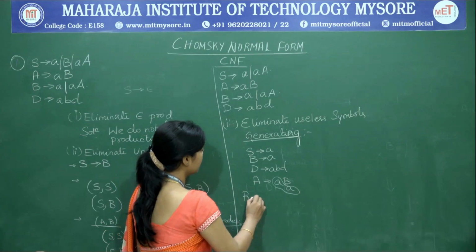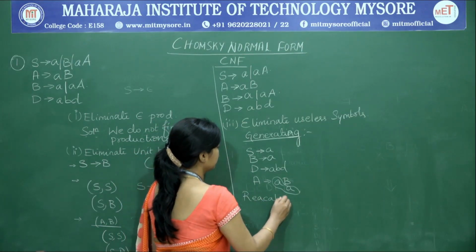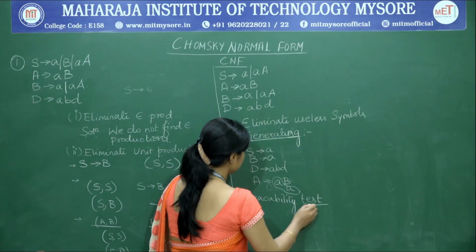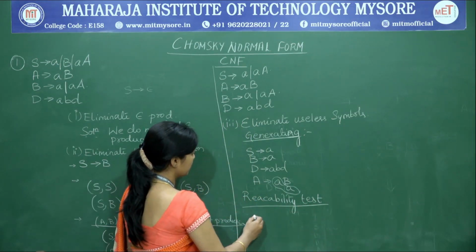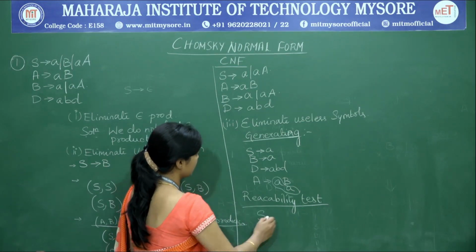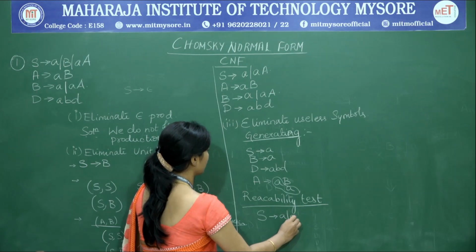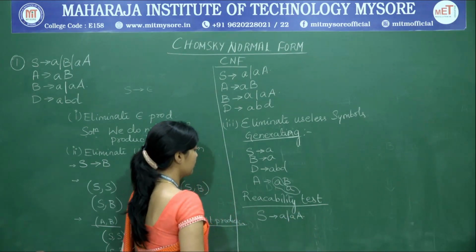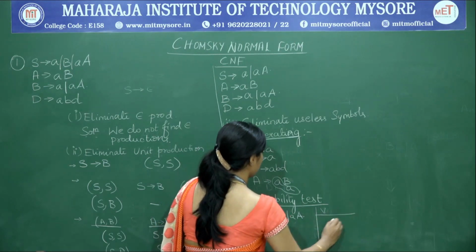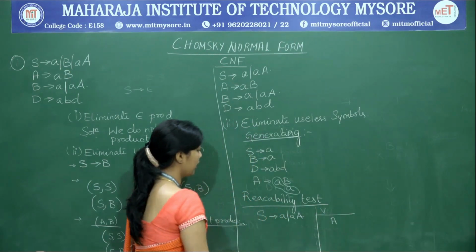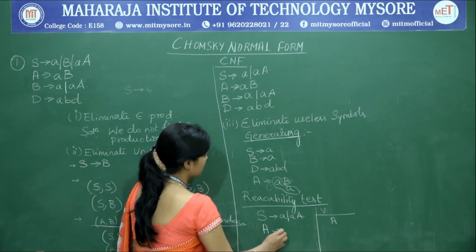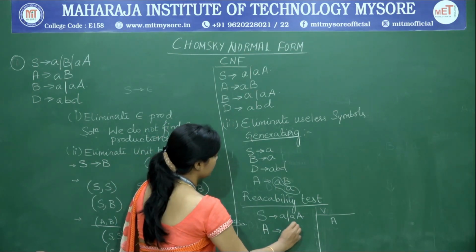Next we do the reachability test. For the reachability test, we consider S, that is nothing but the start symbol, and we know that the productions are A and small a, capital A. The variable which is reachable from this is the capital A. Next we consider capital A and its production AB.